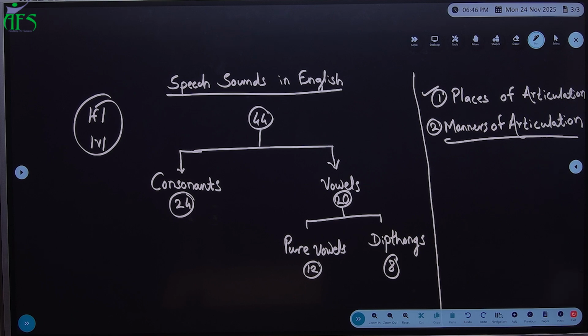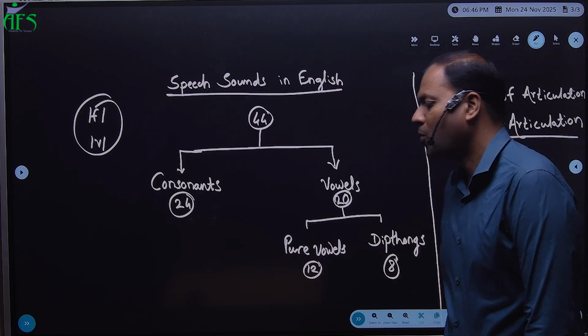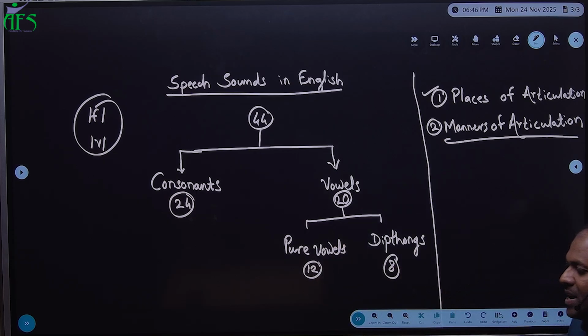First is plosive. What is plosive? Complete air blockage you will find in the plosive sounds. So for these sounds, the air is supposed to be completely blocked. For example, sound p. Try to say sound p. You will find that before uttering that sound, you are supposed to block the air completely behind the two lips.